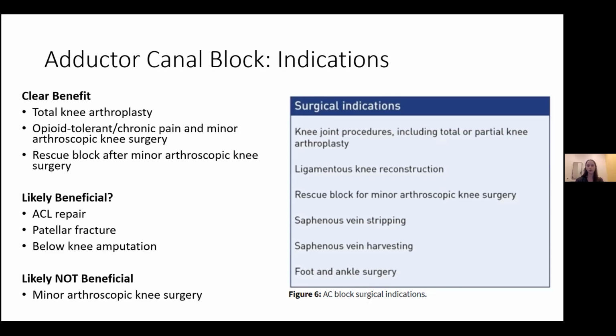It's also probably beneficial in things like patellar fracture. As we saw from the first picture, the saphenous nerve covers the patella quite extensively. And then also in below knee amputation, we know that the saphenous nerve would play a role. It's likely not beneficial in just a straightforward minor arthroscopic knee surgery. I think it's been pretty well established that local by the surgeon for that is quite adequate.